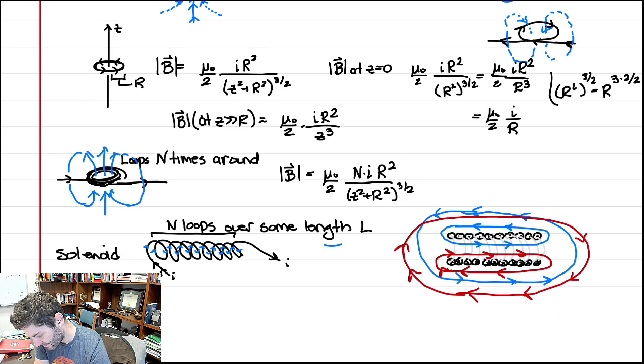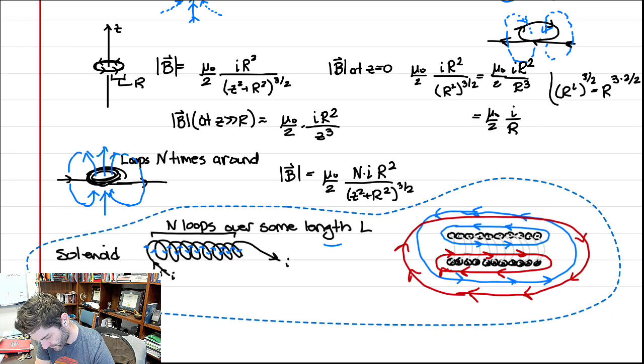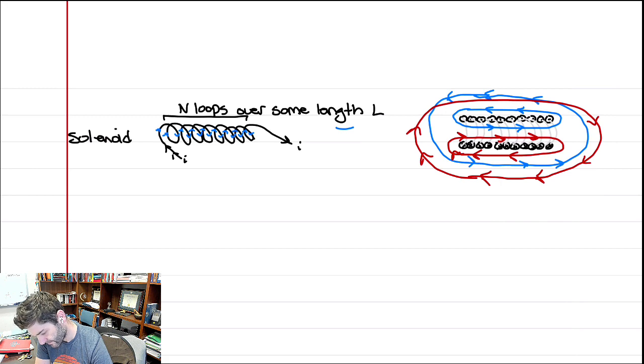So what ends up happening, or what we call an ideal solenoid, I didn't realize I was out of room, so let me plop that down there.